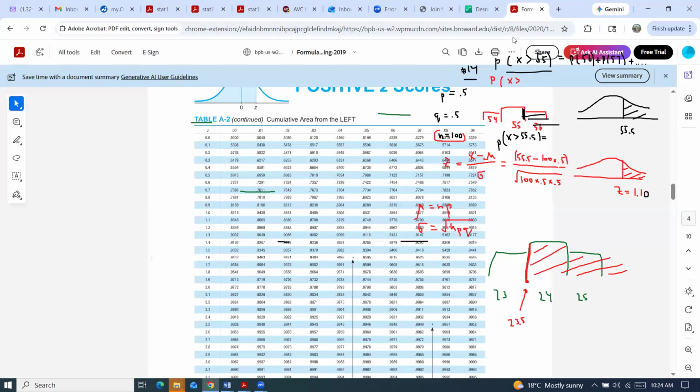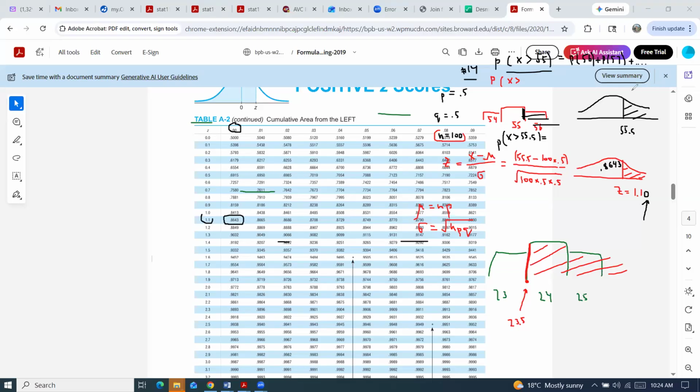Let's do that. 1.1, and it's actually 0 hundredths. It's my first column, 0.00. So 1.1 is right here. Next to it is 0.8643. This is the area to the left of that number, 0.8643.